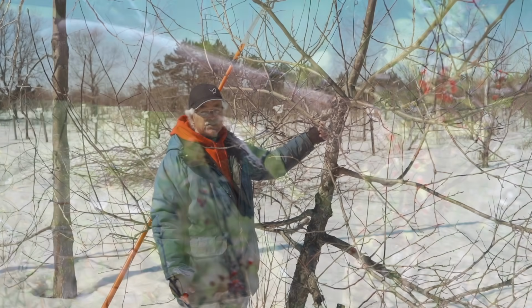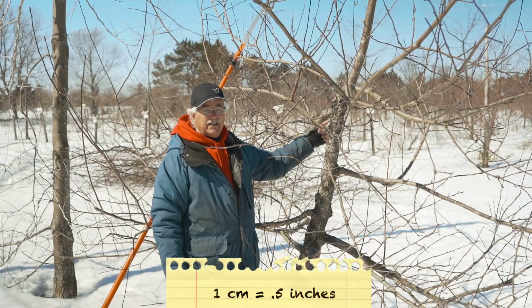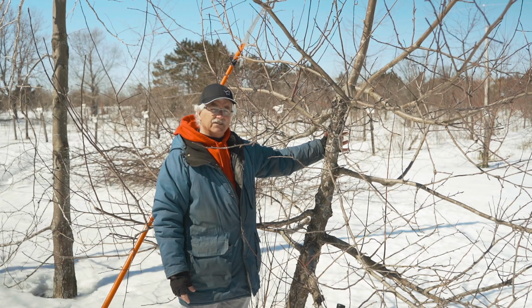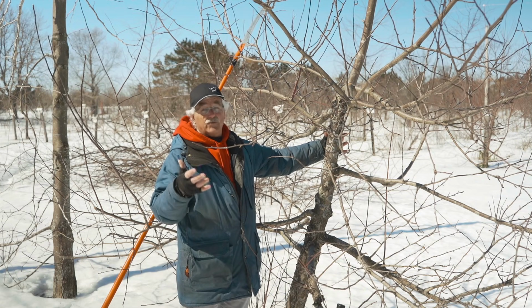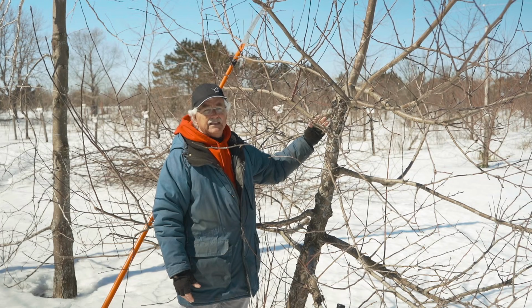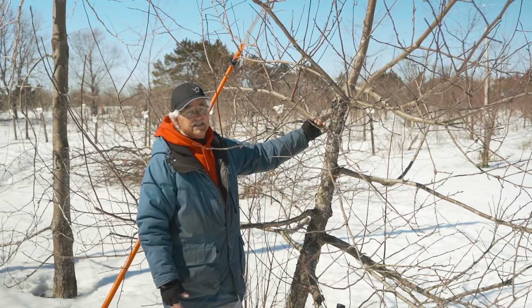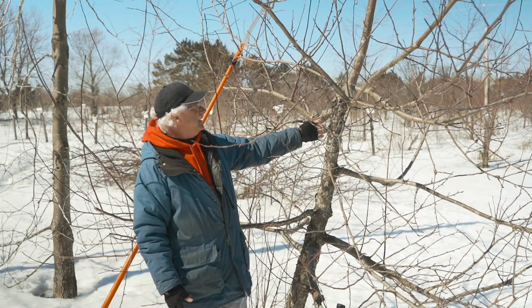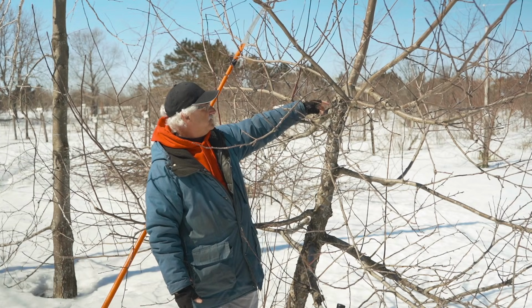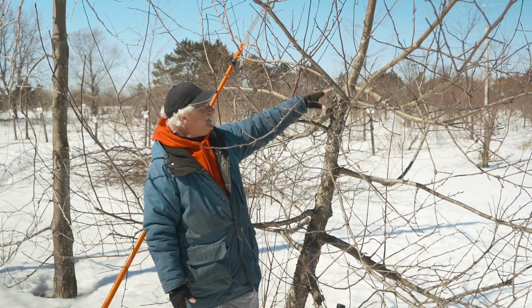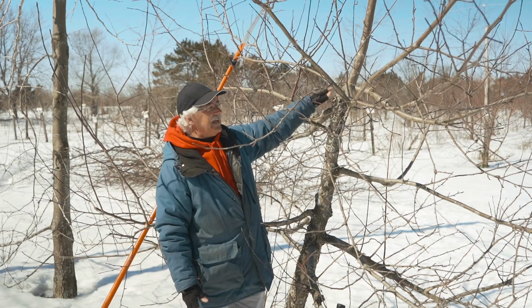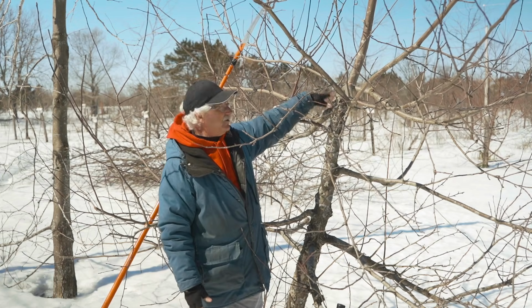So if that's 1 centimeter and the trunk is 2 centimeters, 1 to 2 or 50%, then that's a branch you may want to remove. In this case, that is definitely not 50%. These are getting close to 50%, so they may be candidates that I would look at removing.